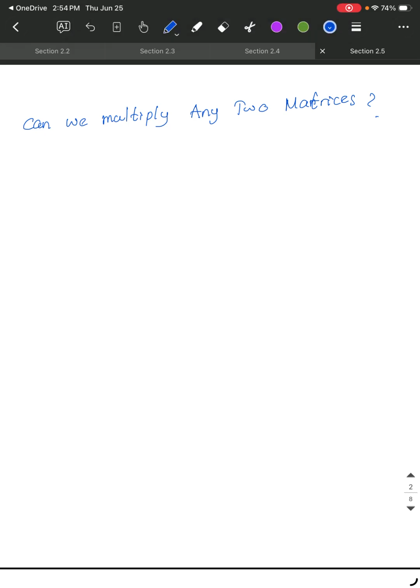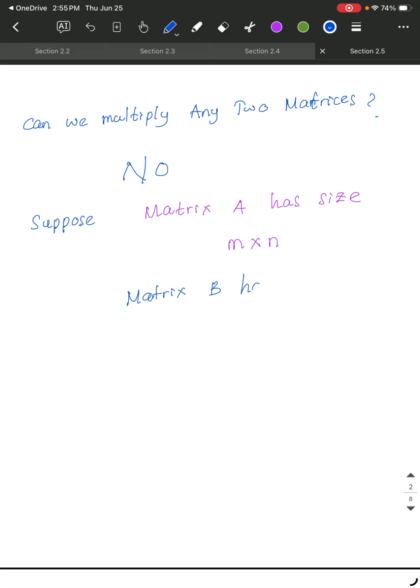So, the answer is no. Suppose matrix A has size m by n and matrix B has size n by p.